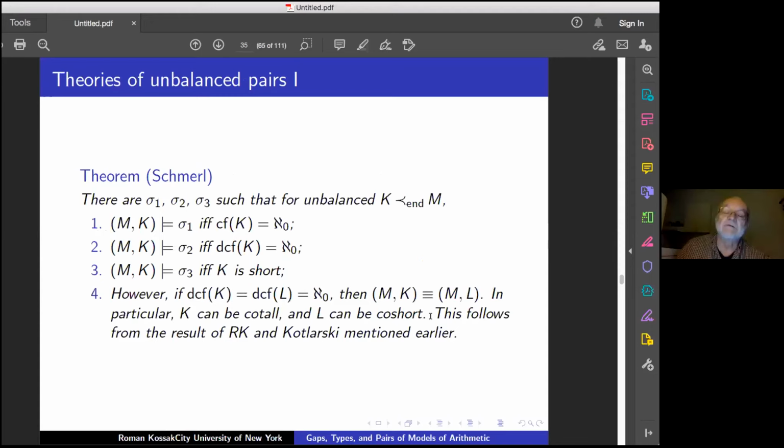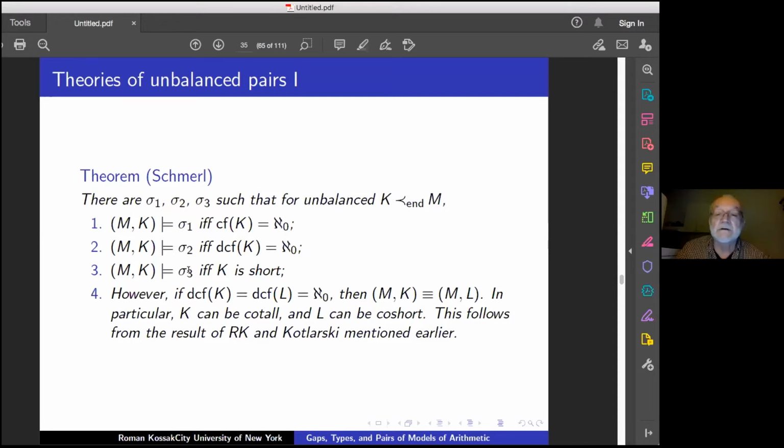Based on definability of omega, if you have any unbalanced pair or any unbalanced cut here, there are sentences that can recognize whether the cofinality of K in M is, but here we're talking about set theoretic cofinalities, omega or Aleph 0, downward cofinality Aleph 0, and there is a sentence that recognizes when a model is short, has the largest gap.